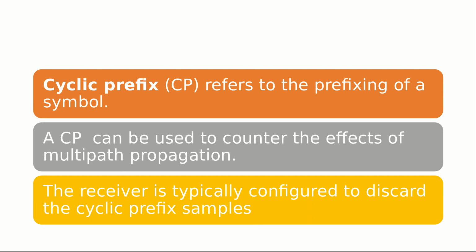Some diffraction will happen to the signal, so it will reduce in strength as well as reach the receiver at a different time. Due to these things, some delay will happen in the signal, so the receiver is not able to decode the data properly because of this multipath fading or propagation.